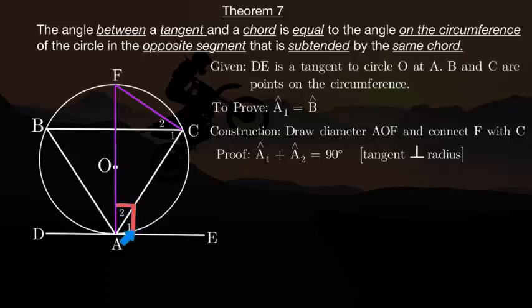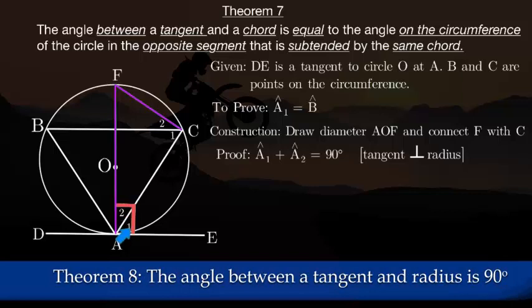Now why? And here's what you have to remember. That the angle between a tangent and a radius, or the angle between a tangent and a diameter, is 90 degrees. Okay, so A1 plus A2 is 90, and we call it tangent perpendicular to radius. And please remember this one, it's our theorem 8.